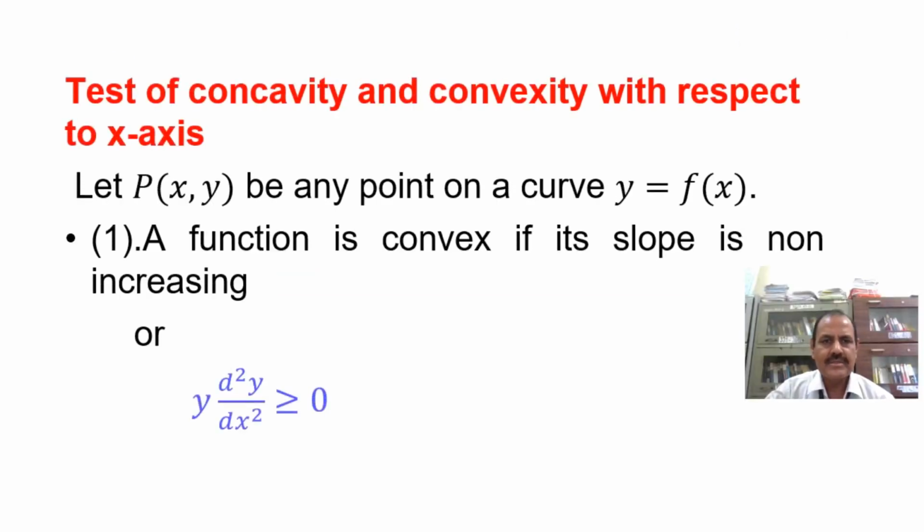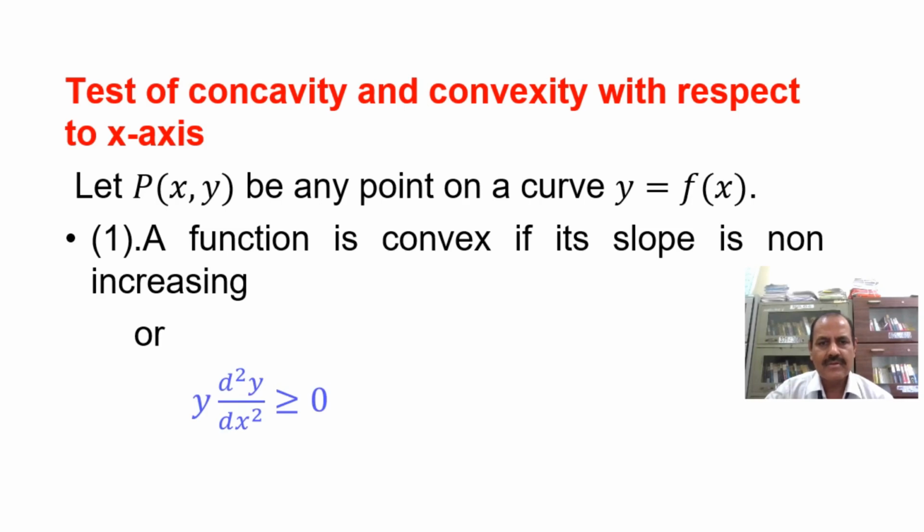Now let us check the concavity and convexity with respect to the x-axis mathematically. Up to now we have checked the geometrical and graphical representation of the concept. Now let us check it mathematically. Let P(x, y) be any point on the curve y equal to f(x).